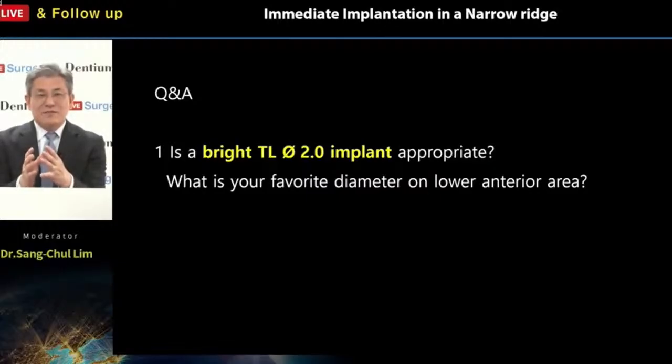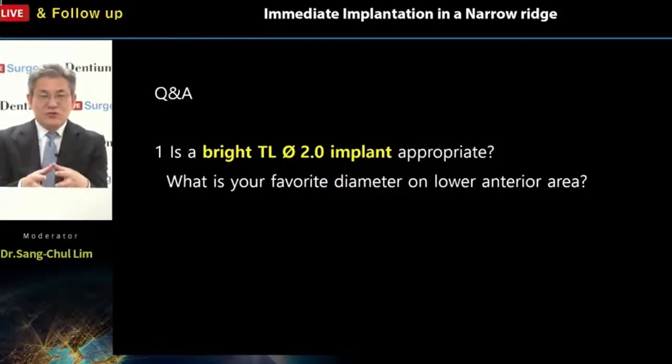Sometimes 3.0, 3.5 is acceptable with some patients. However, elderly persons and normal Asian persons have a restricted and narrow ridge. So only 2.0, 2.5 fixtures will be acceptable and available for this socket.